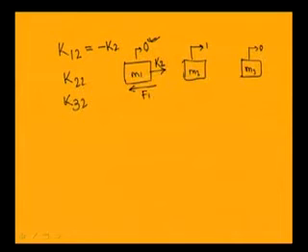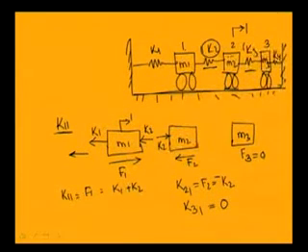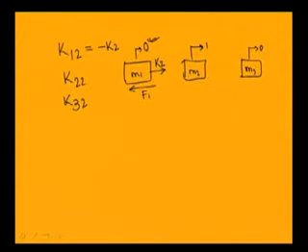Similarly, when mass m2 has unit displacement and masses m1 and m3 have 0 displacement, the spring K2 will be pulled by mass m2. So, the spring K2 will exert a force in the opposite direction, and the free body diagram will be like this. So, it will be K2 on the right side.